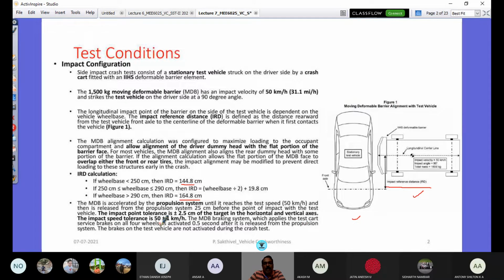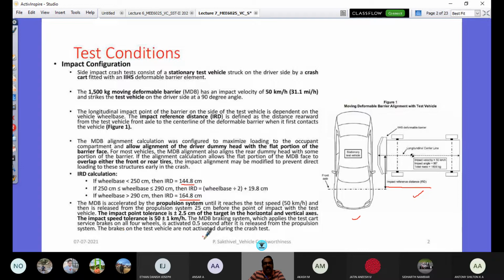During the collision, the brakes are activated 0.5 seconds after it is released from the propulsion system. Just before 25 centimeter, it is released, and then 0.5 second after the release, the brakes are activated.